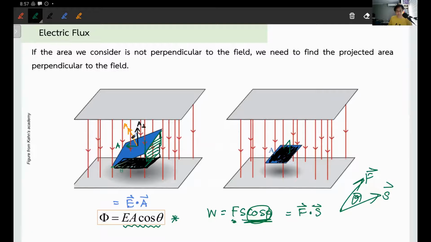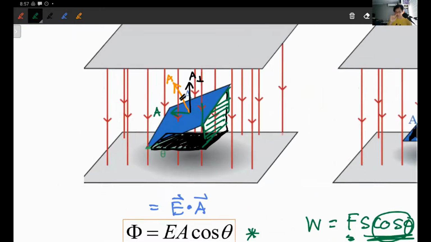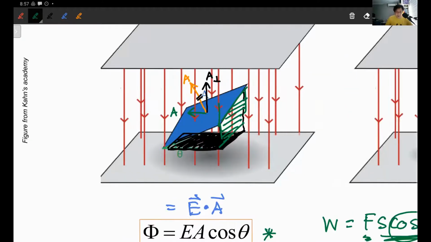Not too bad, I hope. Okay, you guys see what I'm trying to do here? So look at it sideways. The blue area is oriented in this direction. That's your area. Sideways may be easier. So the area vector is pointing perpendicular to it all the time. I'm breaking this area vector into two components, the vertical and the horizontal.